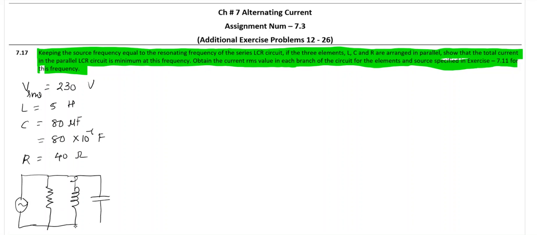So for this circuit, if we want to find out current, we don't know how much is the impedance. So better way is to go for Kirchhoff's second law.